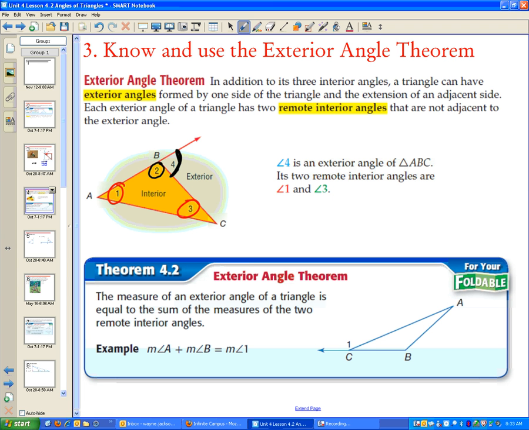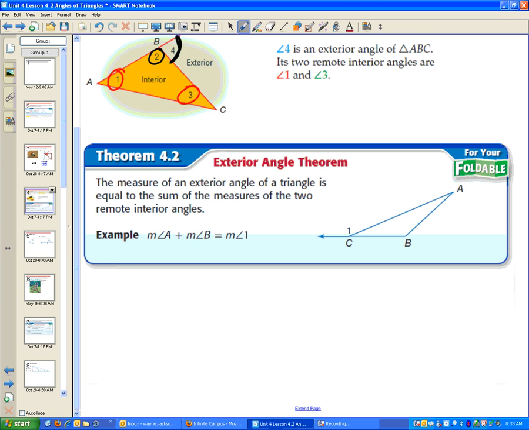Now there's a special relationship here between those remote interior angles and the exterior angle. And here it is. The measure of an exterior angle of a triangle is equal to the sum of the measures of the 2 remote interior angles. The measure of the exterior angle equals the sum of the measures of the remote interior angles.